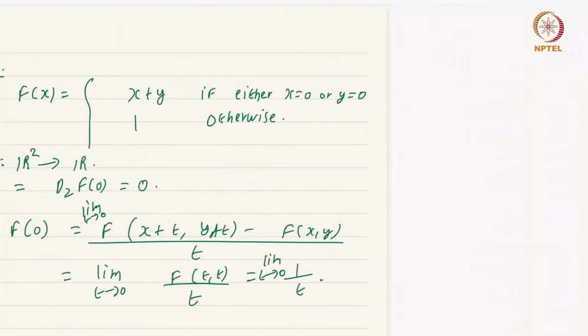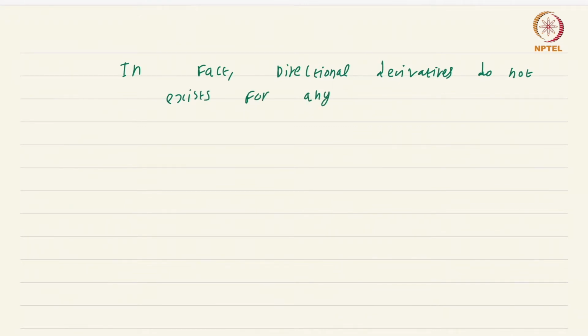In fact, the same argument shows that directional derivatives do not exist for any (v1, v2) if both v1 and v2 are non-zero. If v1 and v2 are both not zero, then the directional derivative along that vector is non-existent. The same argument will work.